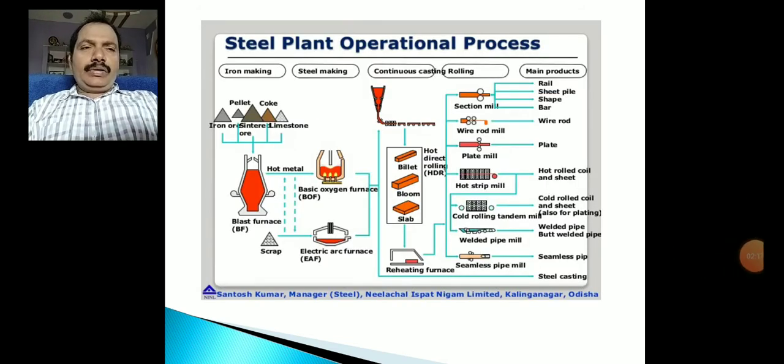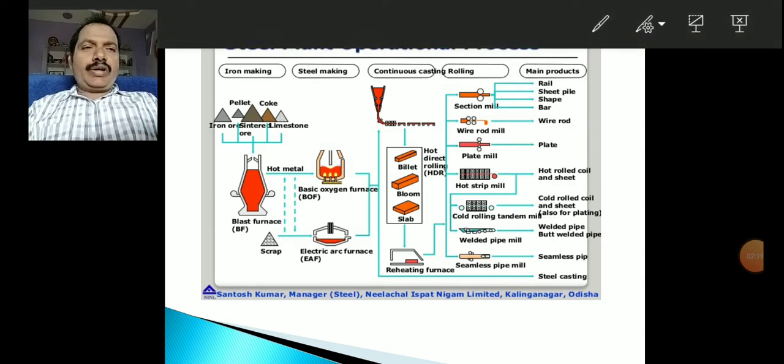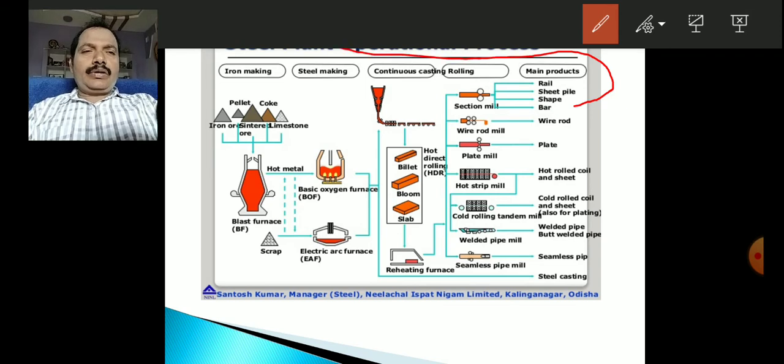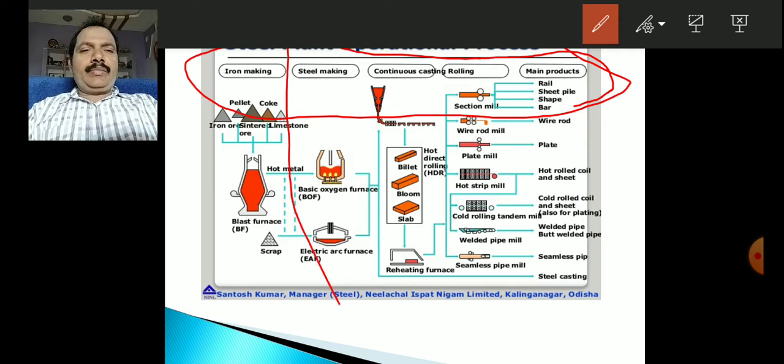So these are the main processes we have discussed. The main processes here, that is iron making. Next, this is all steel making.